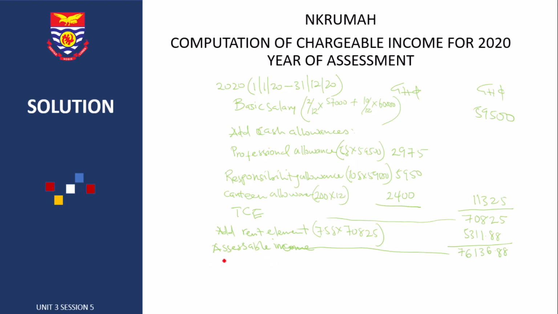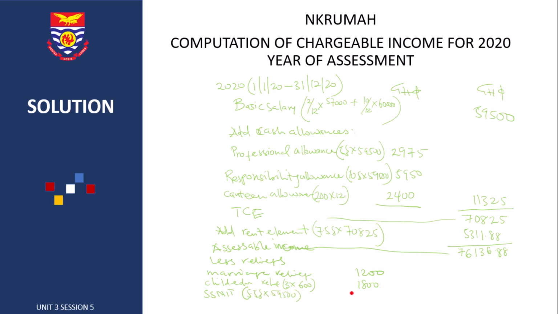Now let us look at the reliefs. We're told she's married, so marriage relief. The amount is 1,200. We're told that her children are in school, so she's going to get child education relief. She has 4 kids, so she's going to get the maximum of 3, which is 1,800. And lastly, the SNIT, which is 5.5% of basic salary.